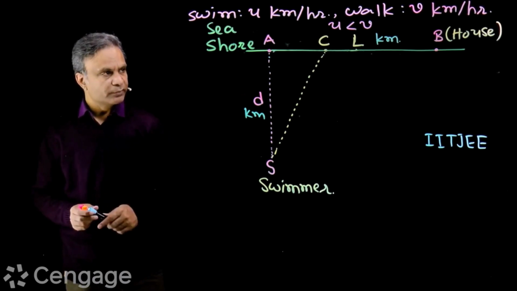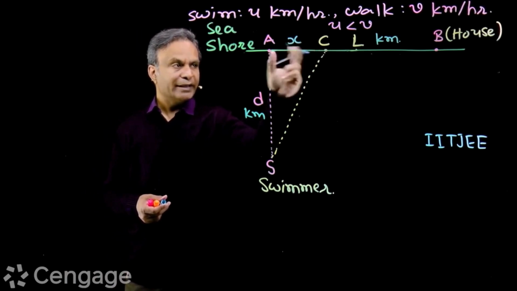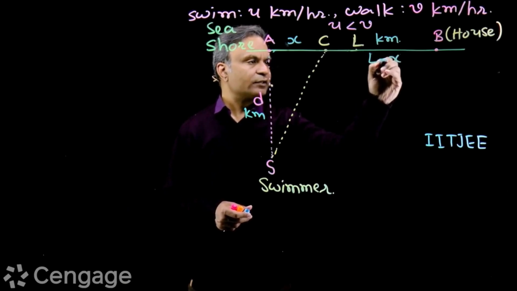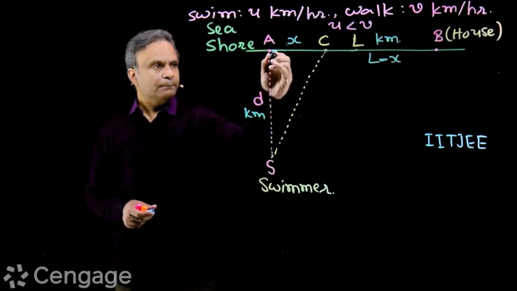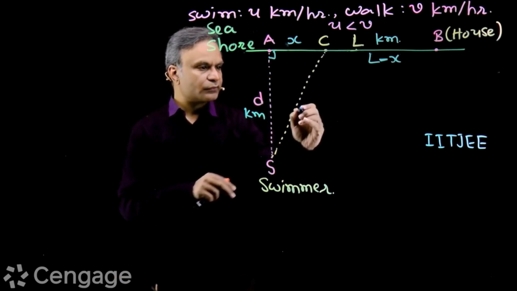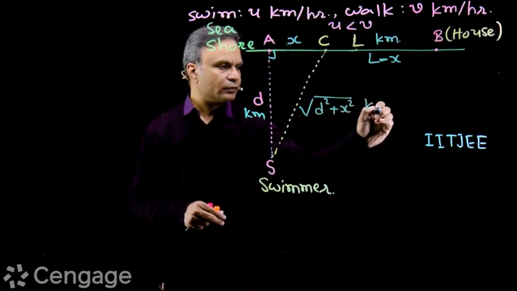Now point C is variable, okay, so we introduce a variable here. Suppose this is x kilometers, then CB will be L minus x kilometers, okay. Now from this right angle triangle, this distance will be root d square plus x square kilometers, okay.